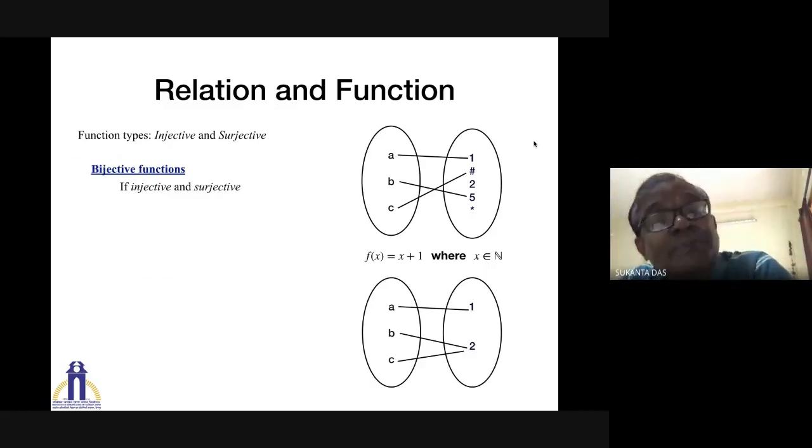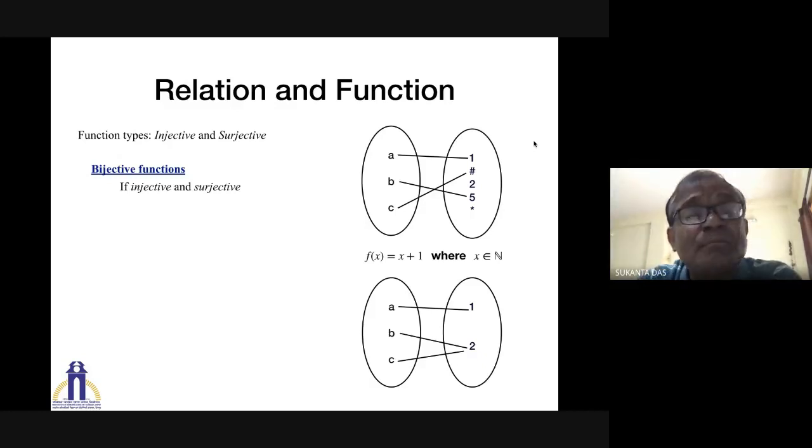Now, another special type of function is called a bijective function, which is very interesting and of our interest. A function is bijective if it is injective as well as surjective. I mean, if both conditions, injectivity as well as surjectivity, are satisfied, then you call the function bijective.